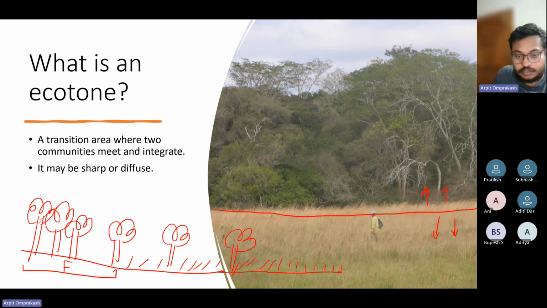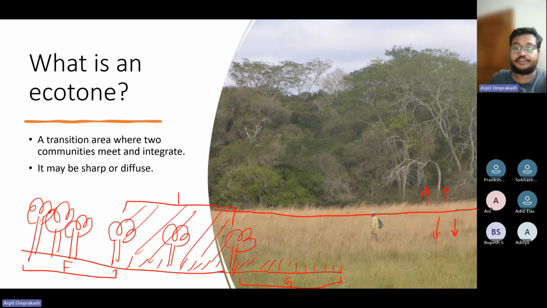And from here to here, we can definitely say it's a grassland. But this part here is somewhat in between. So there are trees, but there are also a lot of grasses. So it's like either the grassland is coming into the forest or the forest is going into the grassland. So this region also is called an ecotone. And in this case, it will be a diffuse ecotone because it doesn't have a sharp dividing line between both the communities, or habitats.